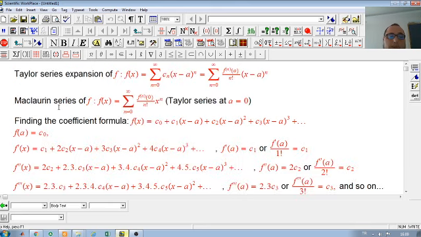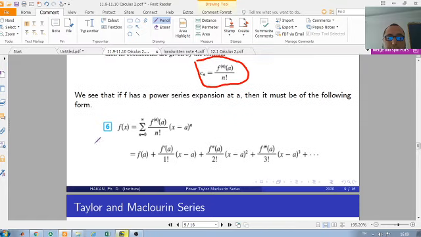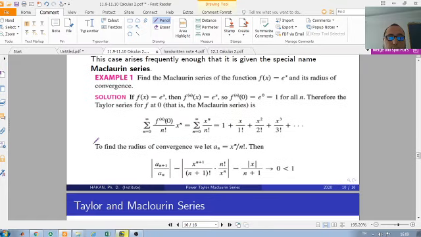And you know, the Maclaurin series can be found by writing 0 for a in the definition of Taylor series. So let's do an example for that to understand it very well. Find the Maclaurin series of the function f(x) equal to e to the power x and its radius of convergence.